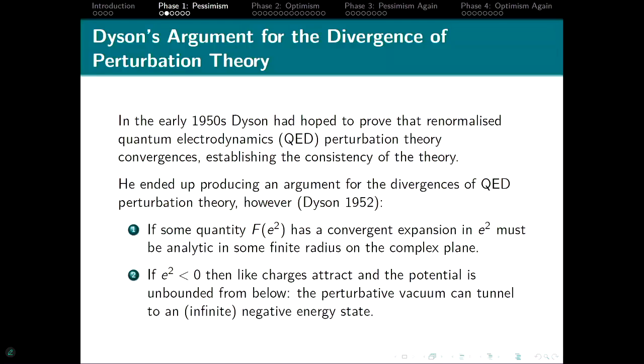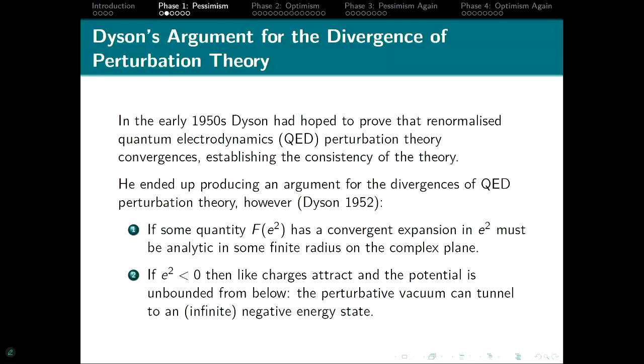So basically what Dyson argued in this short paper in 1952 was, suppose we're doing a perturbative expansion for some quantity F in QED. If this is going to be a convergent expansion, and e squared is the QED charge, so that's your expansion parameter, your coupling parameter that's telling you how strong the interaction is, the expansion in e squared is going to have to be analytic in some finite radius in the complex plane.